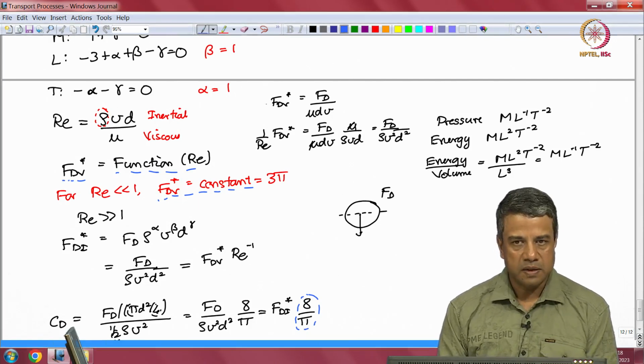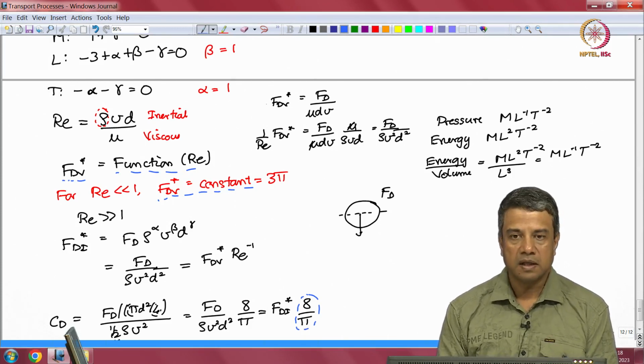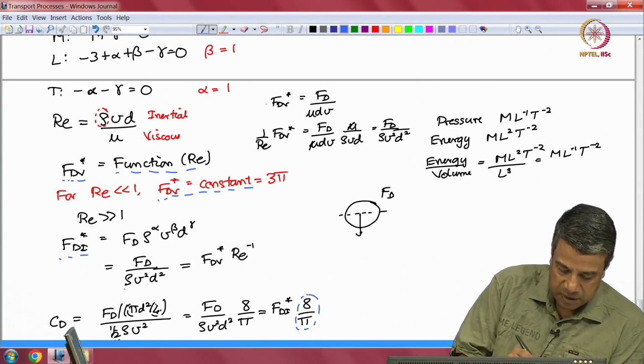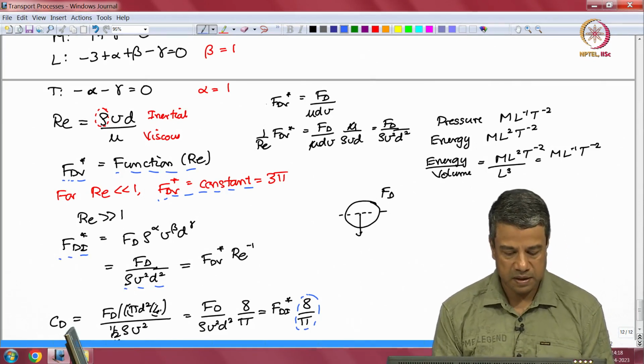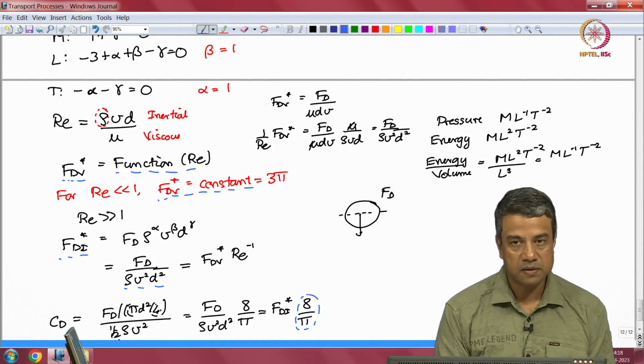At high Reynolds number, viscous forces are not important, and if viscosity is no longer a parameter, then you define the inertial scaled drag force based upon the inertial scaling rho v square d square, and this is just equal to the viscous scaled drag force times the inverse of the Reynolds number.